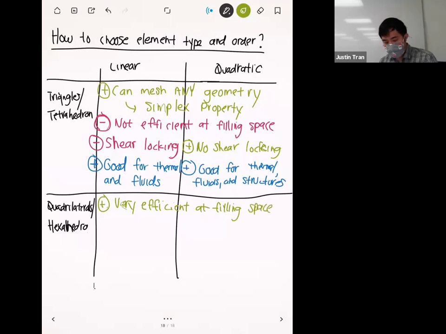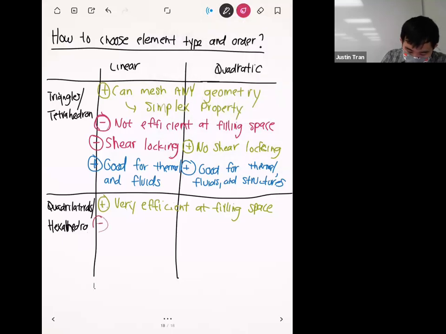And so if you mesh the exact same geometry with the exact same element size, and you compare your mesh with tetrahedral elements versus hexahedral ones, then you're going to notice that the hexahedral mesh does it in fewer elements compared to the tetrahedral ones, just because they're better at filling space.